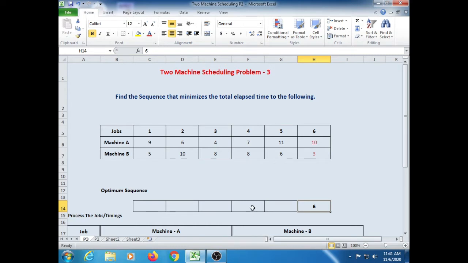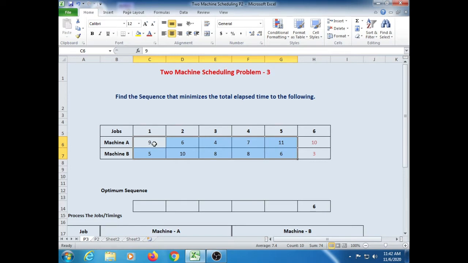So we do not consider this 10 processing time again, because we already placed job 6 here. Just we placed the job, that's it. And next, among the remaining processing times, we do not consider 3 and 10, because I have placed the 6th job in the optimum sequence.